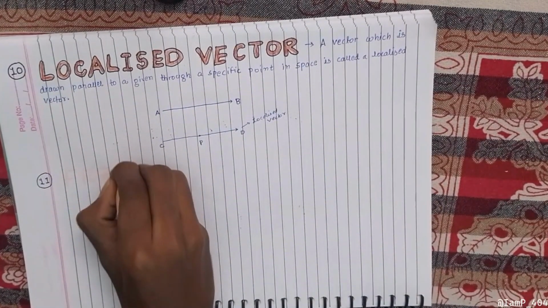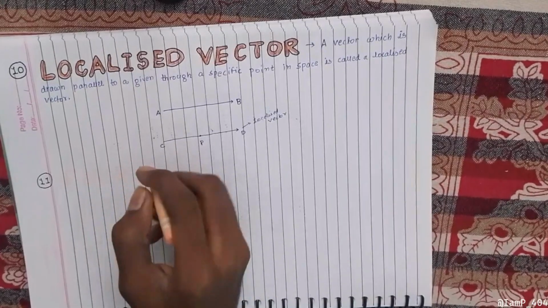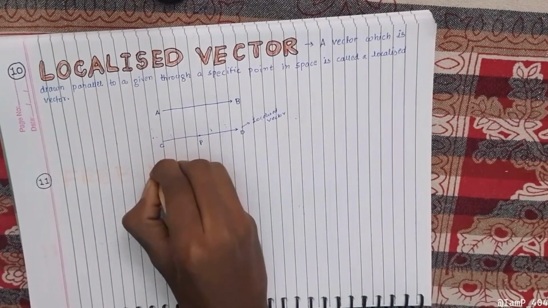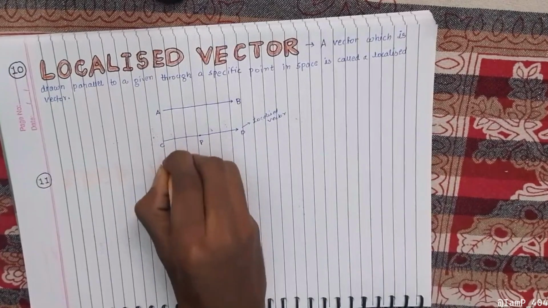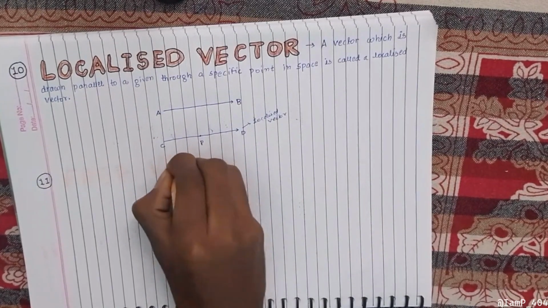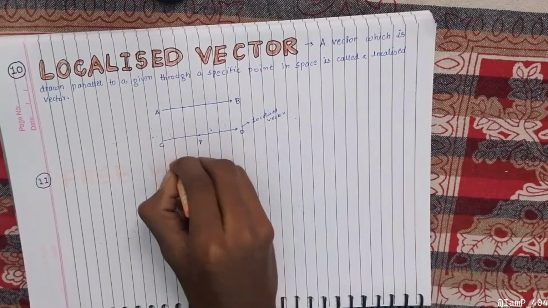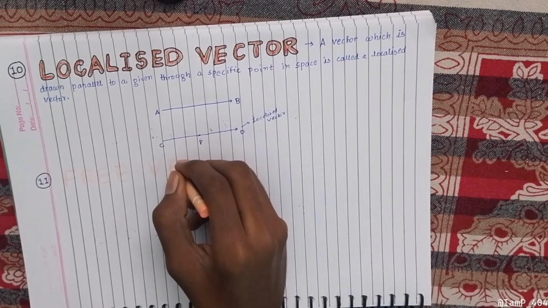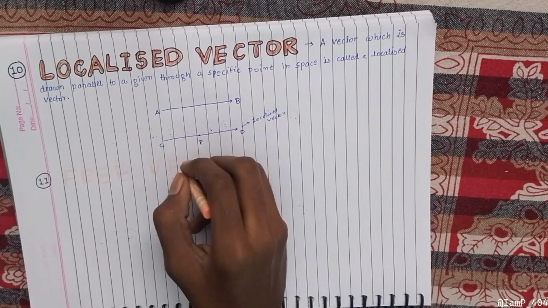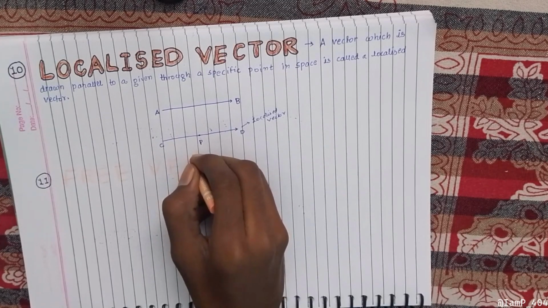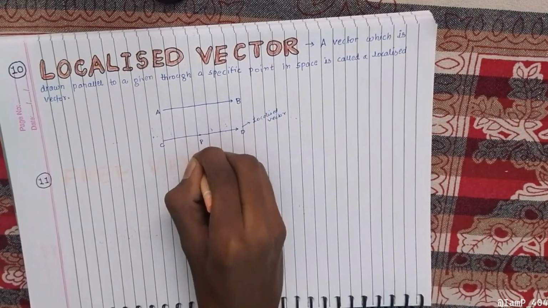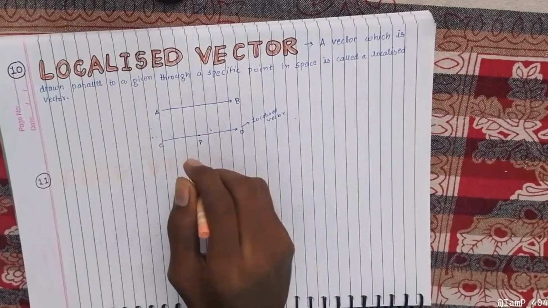Free vectors. Suppose you were given the details of a vector: 5 centimeter, 30 degree to the main axis or x-axis. Let's leave that.